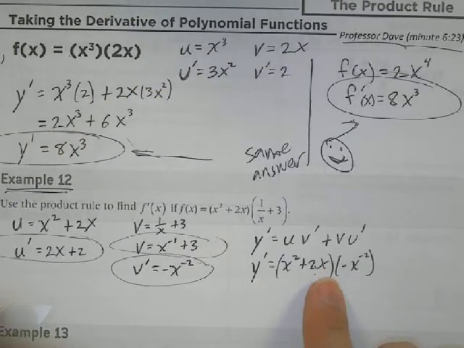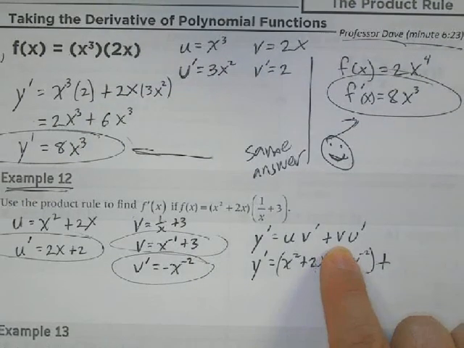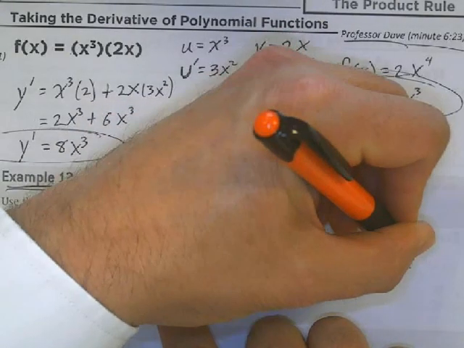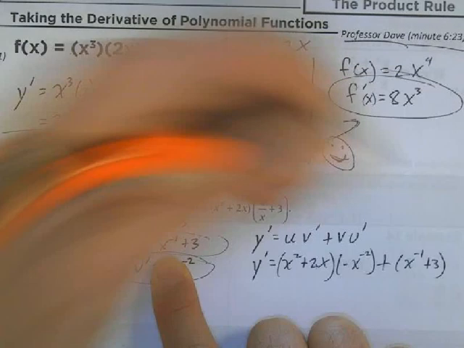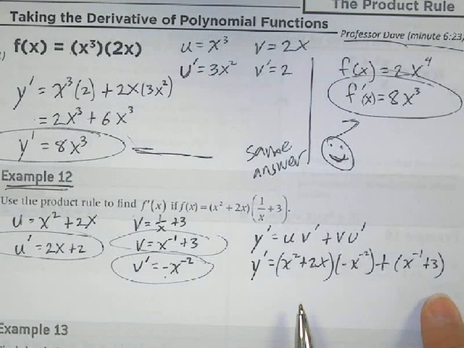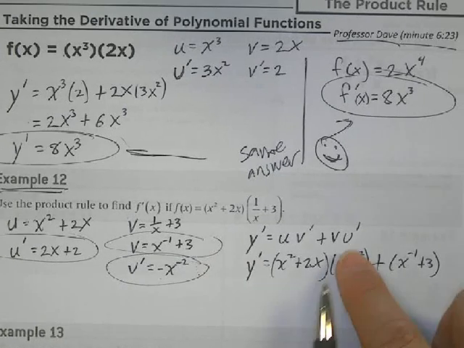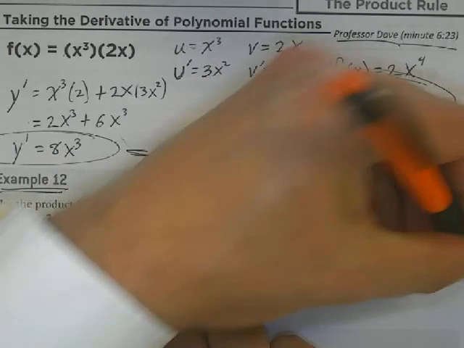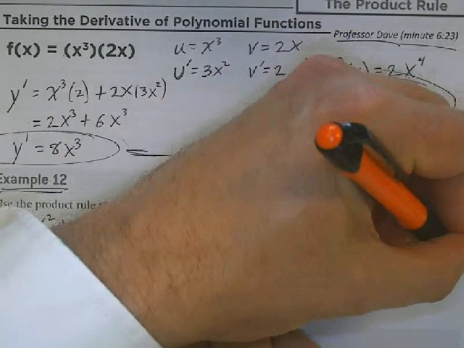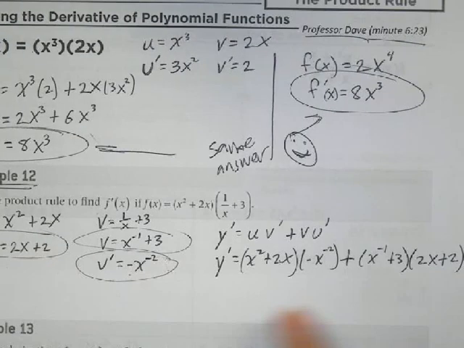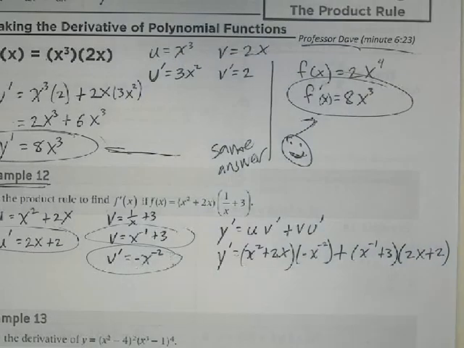Okay, plus v, which is x to the negative 1 plus 3. Don't forget your parentheses. If I didn't put that in parentheses, we may have a PEMDAS error. Okay, u prime is there, 2x plus 2. Okay, so now we can simplify this a little bit.